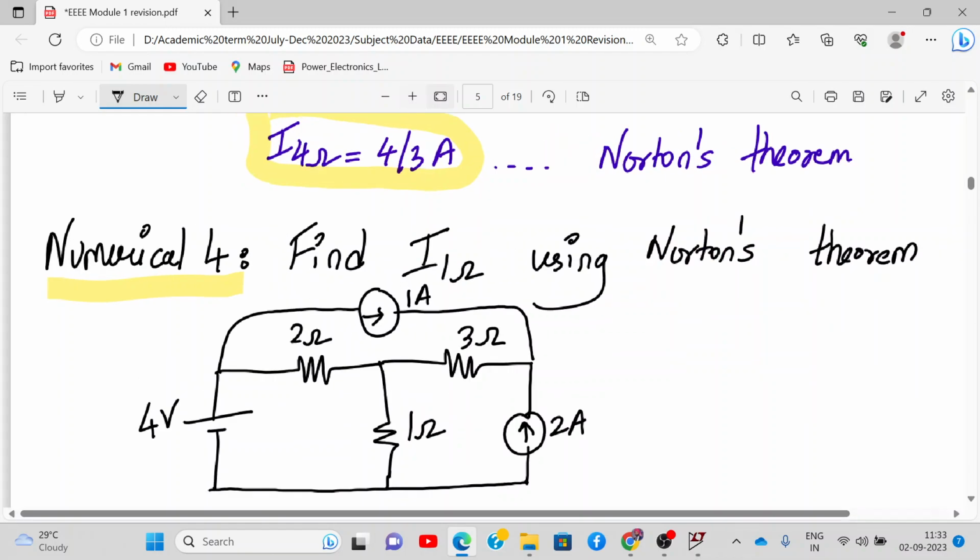So this is the circuit diagram. Please note it down quickly. This is the last numerical for today. Tomorrow we'll solve maximum power and superposition theorem. I'll tell you the timing details later.